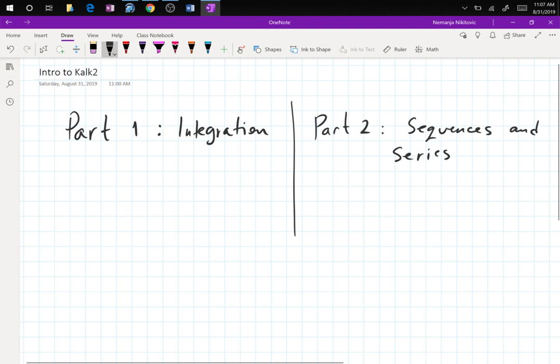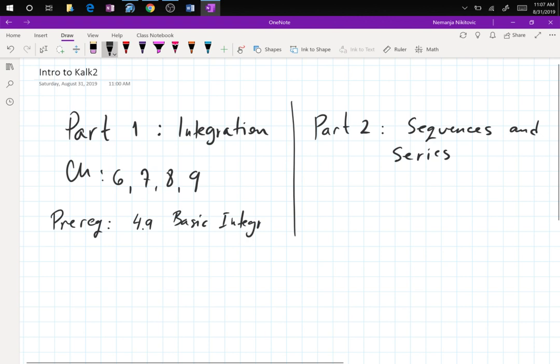So part 1, integration, we are going to have chapters 6, 7, 8, and 9 in this section. And prereq are sections 4.9, basic integrals, 5.2, which are known as definite integrals.